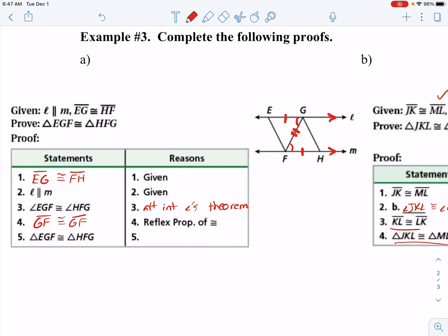And I apologize, I should have highlighted this earlier. We're trying to prove that this purple triangle, EGF, is congruent to this orange triangle, HFG. But you do have enough information there. You have side, angle, side information on both. So we would state EGF is congruent to HFG by side, angle, side.